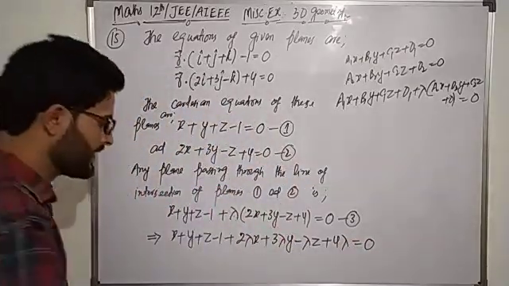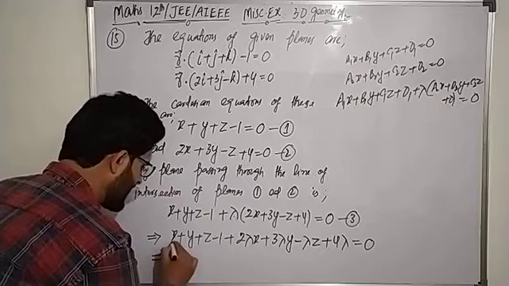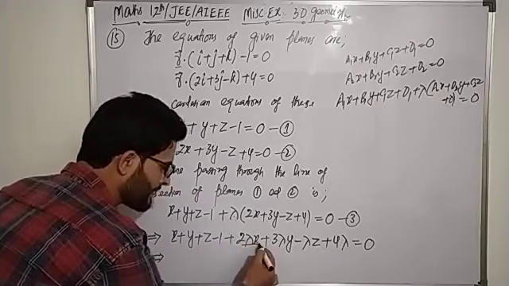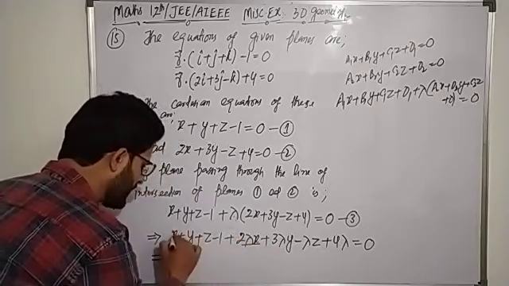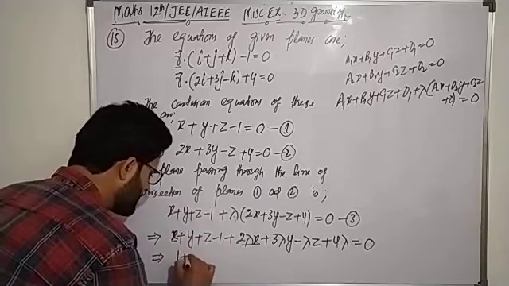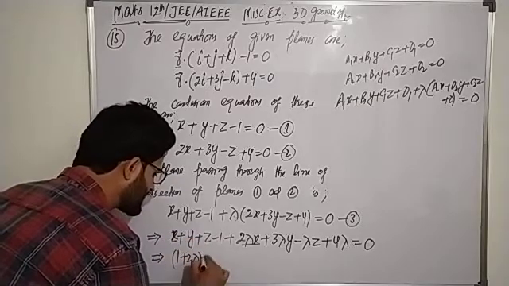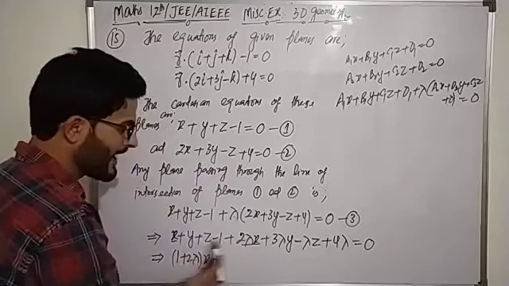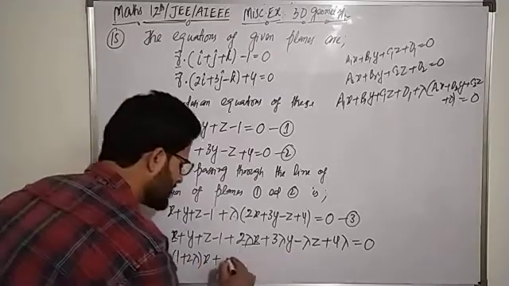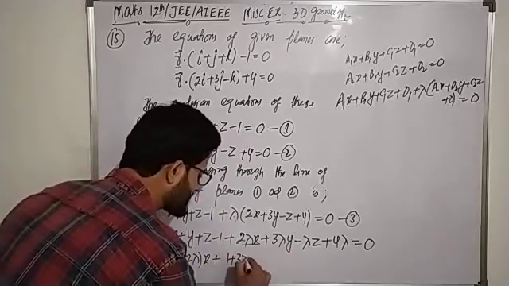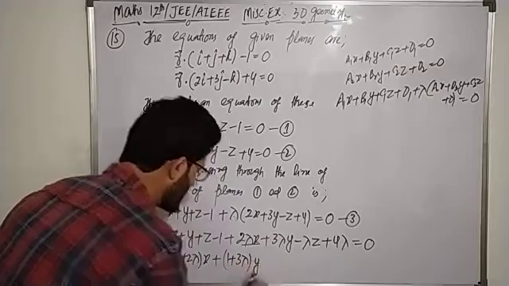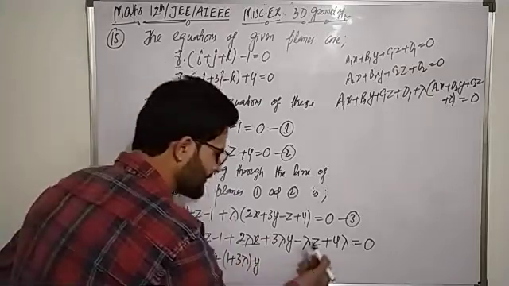Is that clear? So this can be further written as x plus 2 lambda x. Taking x common, what remains is (1 plus 2 lambda) into x plus y plus 3 lambda y, so the result is (1 plus 3 lambda) into y. Yes, z minus lambda z.